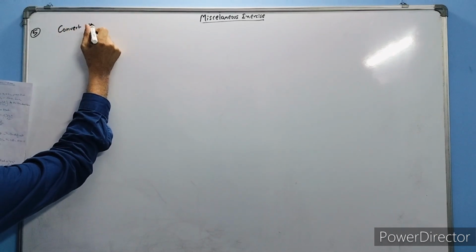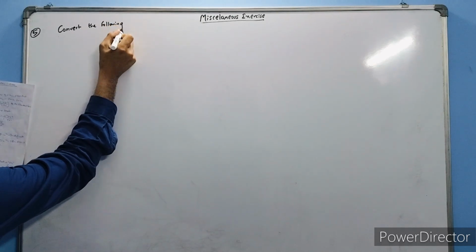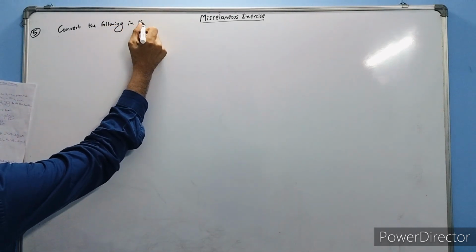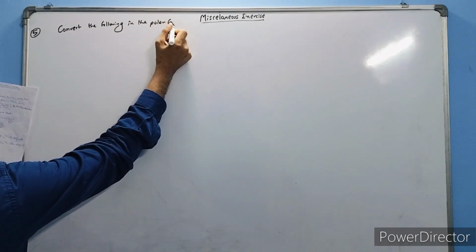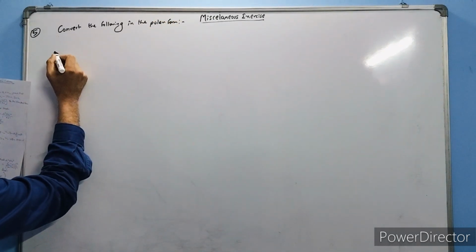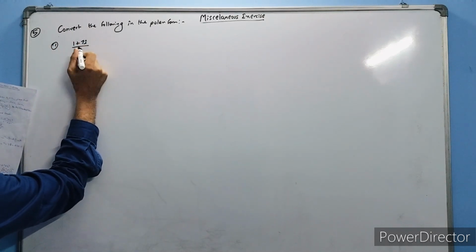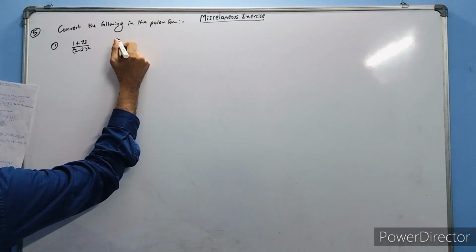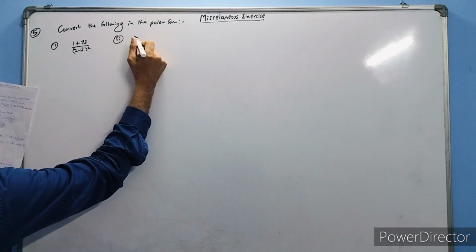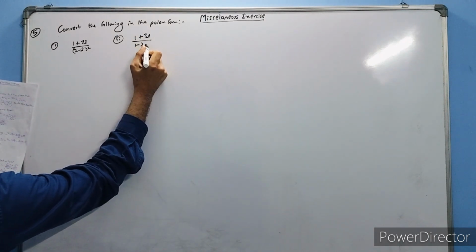Convert the following in the polar form. So now how? Let us see. First, (1 plus 7i) upon (2 minus i) whole square, and the second part they have given is (1 plus 3i) upon (1 minus 2i).